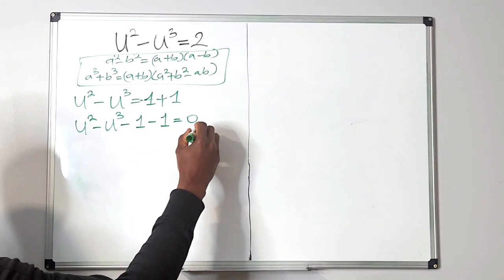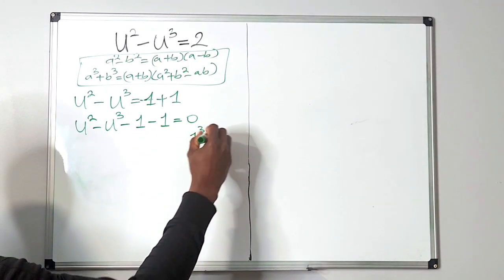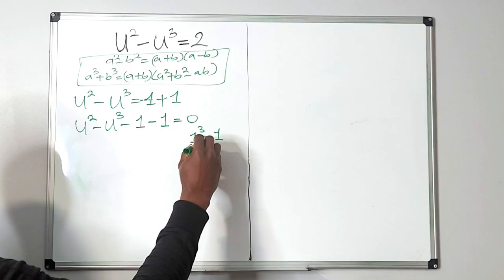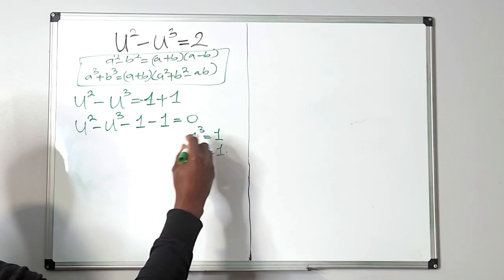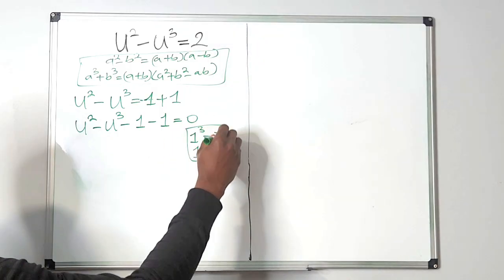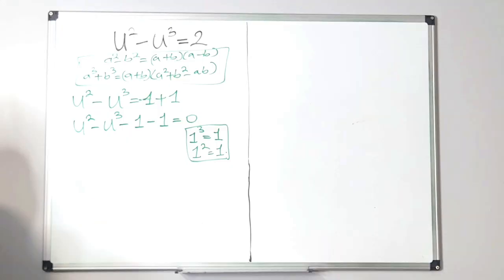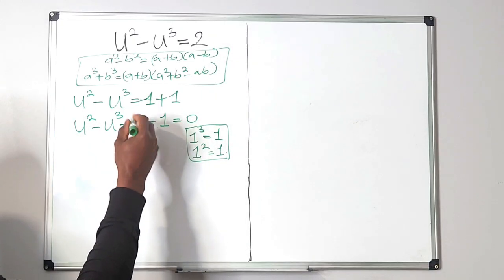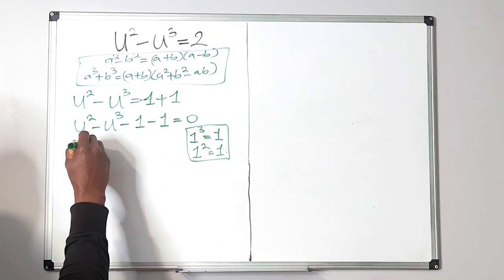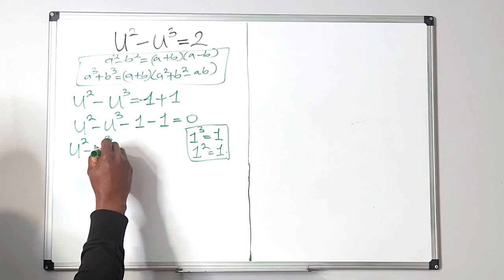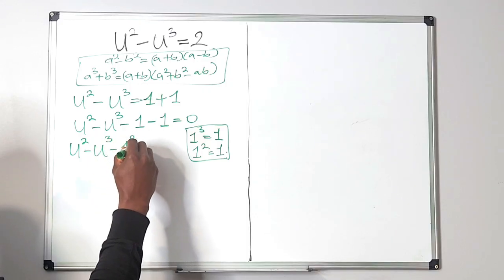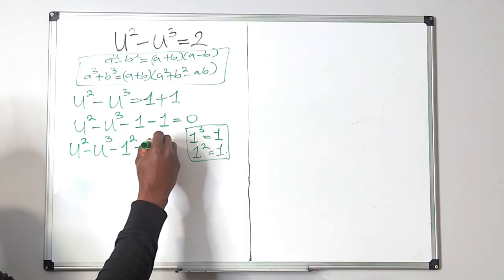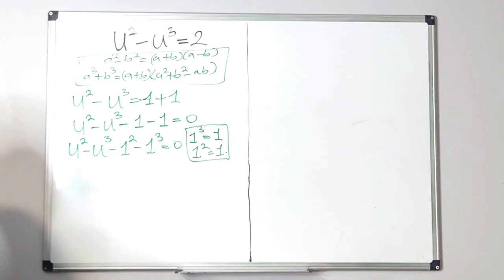We know that 1 cubed is the same thing as 1, and 1 squared is the same thing as 1. So having those in mind, let's rewrite what we have here. We have u squared minus u cubed minus 1 squared minus 1 cubed equals 0.